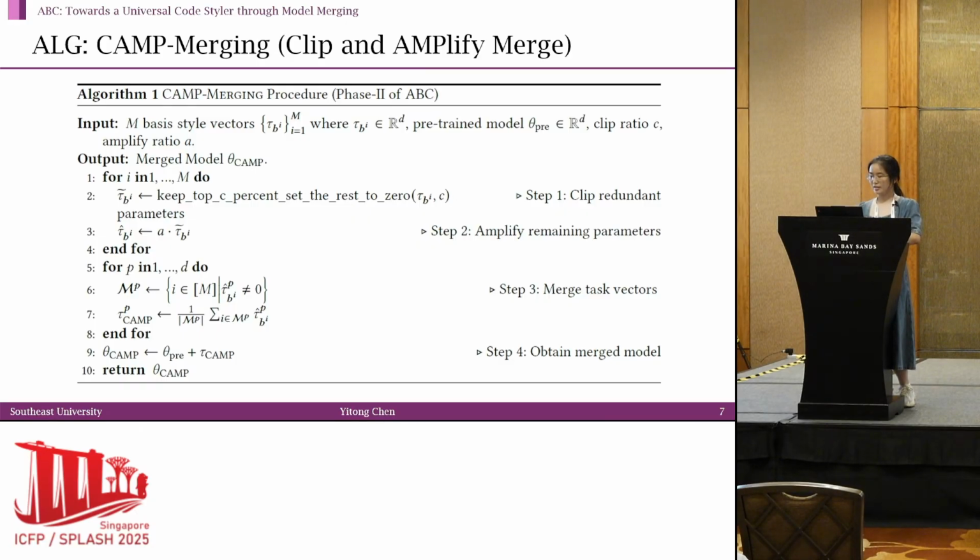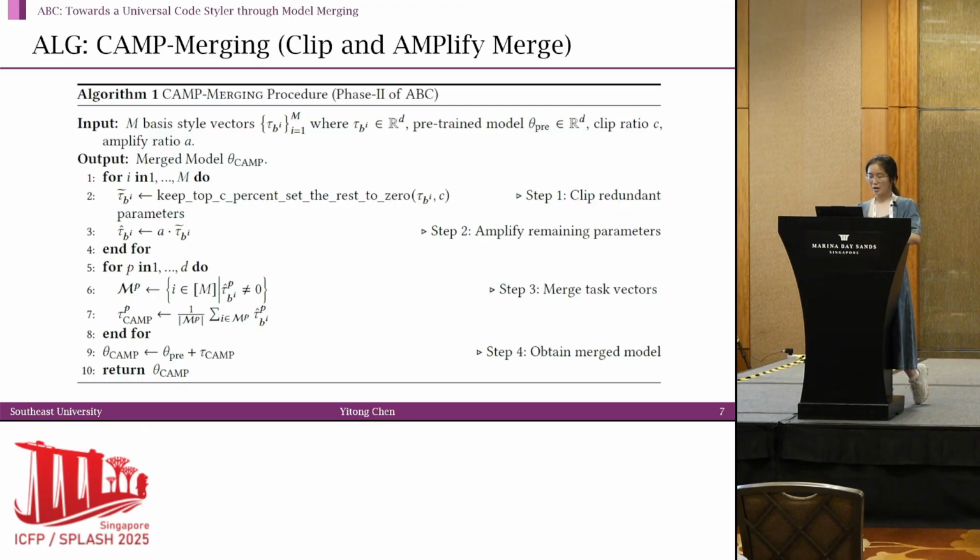Step 1, clip. For each basis style vector, we clip the basis style vector based on a ratio C%. And step 2, amplify. We apply element-wise amplification with a scaling factor A, and then step 3, we merge the style vectors.